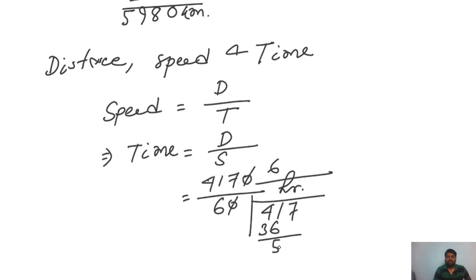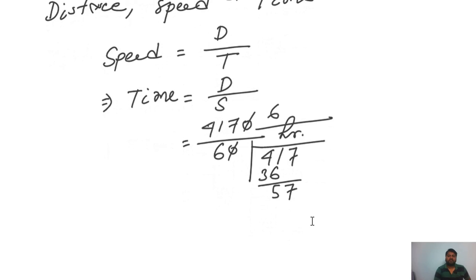Then 6 times 9 is 54, and we get 3 as the remainder, the numerator of this part.